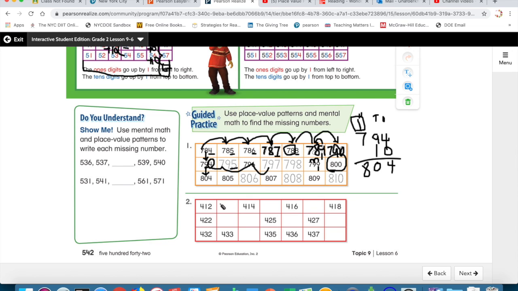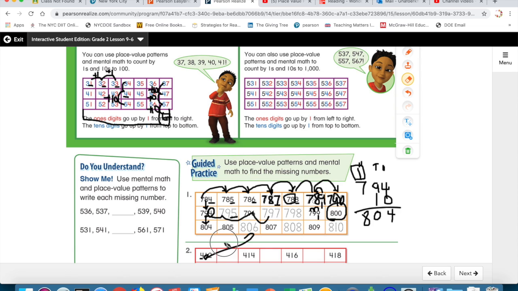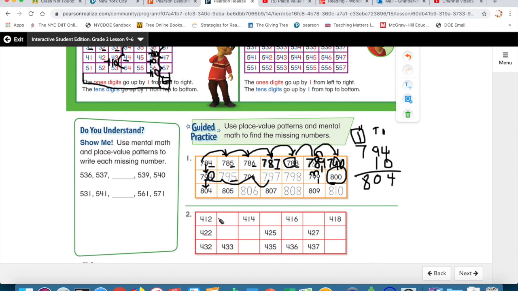Right, my number in the hundreds place stays the same, and my number in the tens place stays the same. Correct. Those two numbers stay the same. So I'm going to write 400, and so what changes? The number in the ones place.